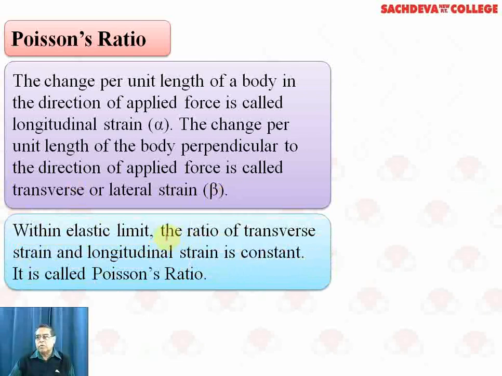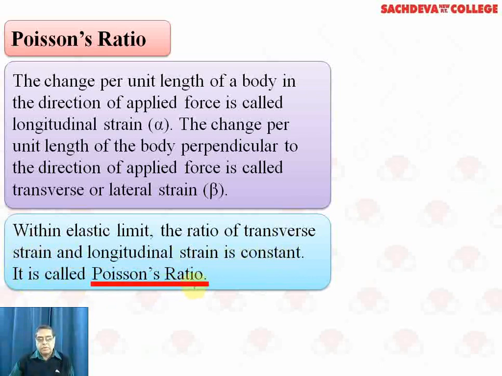Next, we come to the elastic limits. We must not cross the elastic limit, because elasticity is the property of the material due to which a body comes back to its original position when the applied force is removed. So within the elastic limit, the ratio of transverse strain, meaning perpendicular side, and longitudinal strain is constant.